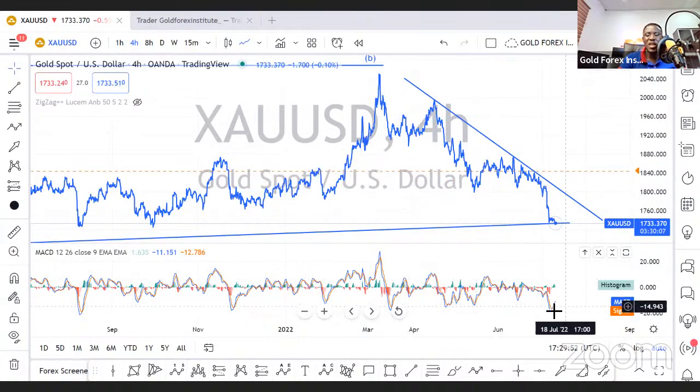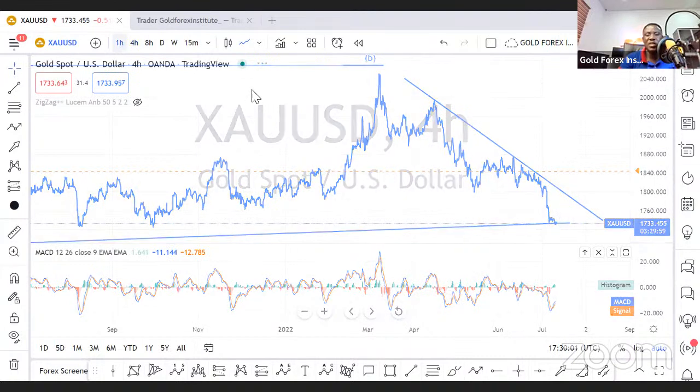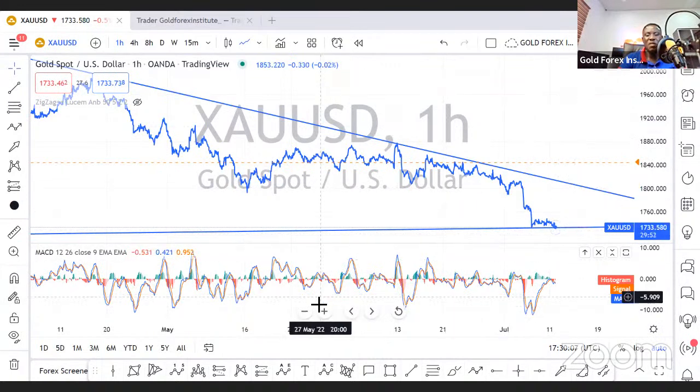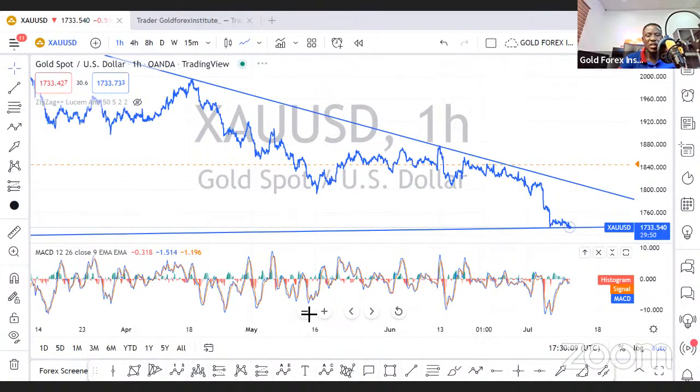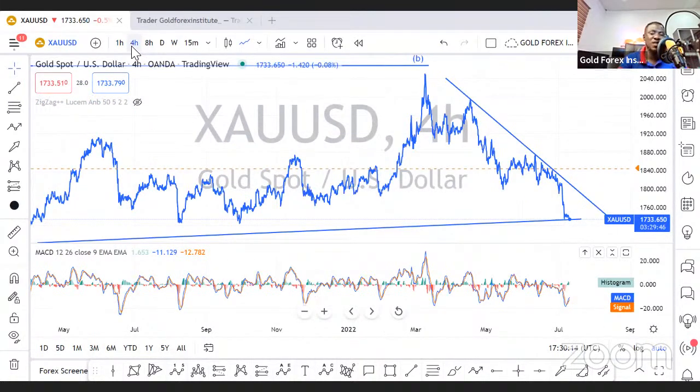So up to now, there's no divergence. So it's still not ready. Probably we might find divergence on the lower time frame, on the 1 hour or something. Maybe we'll get divergence around here, pushing the price. But for now, I think the correction has finished. From my point of view, I think it has finished.